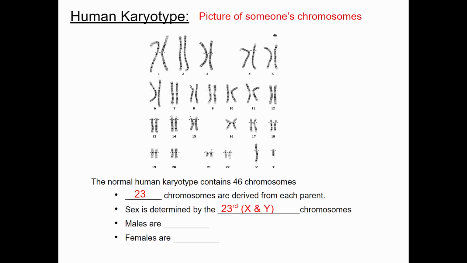No, that's actually female. XY are the sex chromosomes for male. And we'll talk about Y in a minute. So those are the sex chromosomes. The other chromosomes are put on the karyotype in decreasing size.